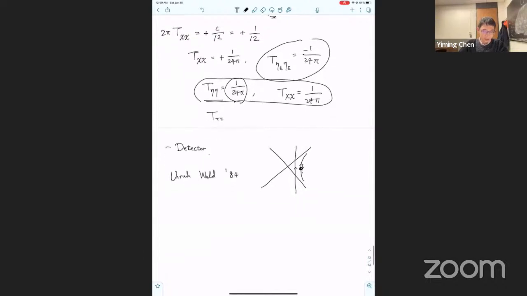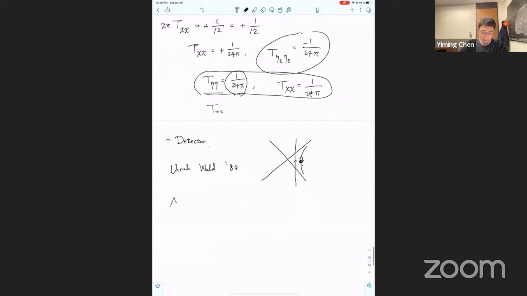So let's consider that we have a detector that is a two-level system with level spacing omega. Suppose this detector is just a single spin, and initially, at some very early time, we prepare it in the down state, and the observer starts accelerating with this detector.